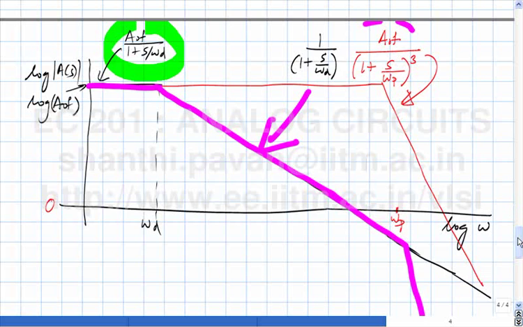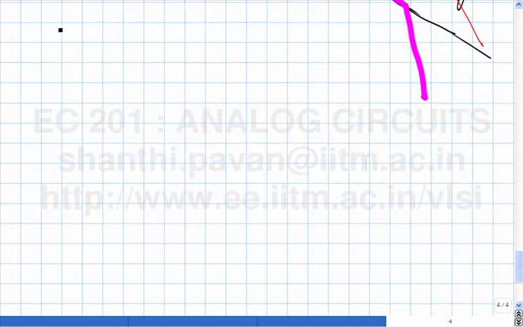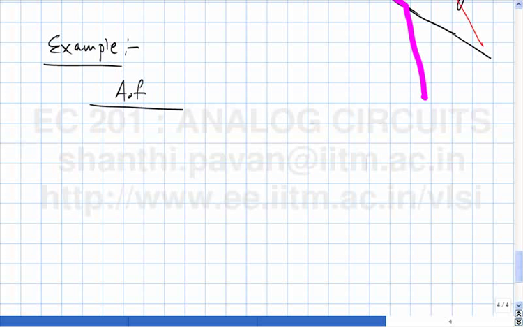So let's make some calculations and indeed confirm that this is the case. An example. The original system was A naught F divided by 1 plus S by omega P the whole cube, and we know that maximum A naught F for stability is 8 for this system.